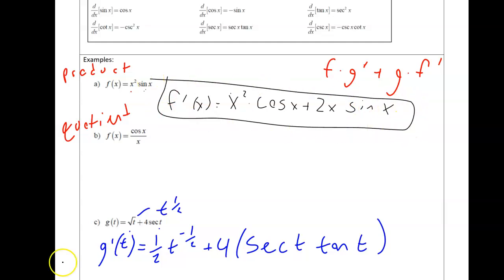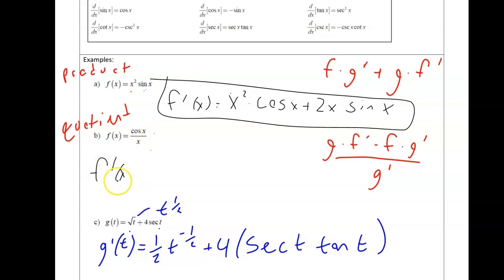Quotient rule, remember, is the bottom times the derivative of the top minus the top times the derivative of the bottom, over the bottom squared. So now here, the signs are tricky on this one. My top function is cosine of x. My bottom is x.